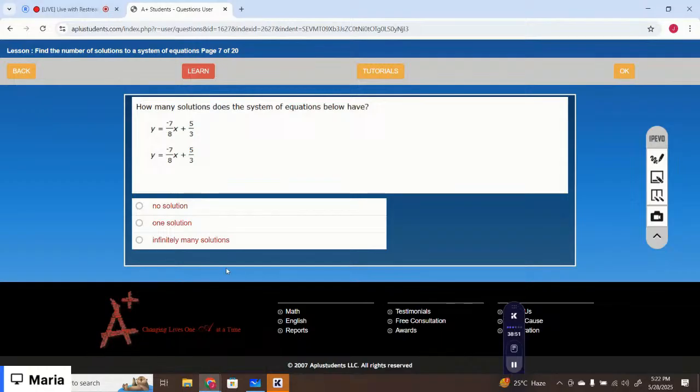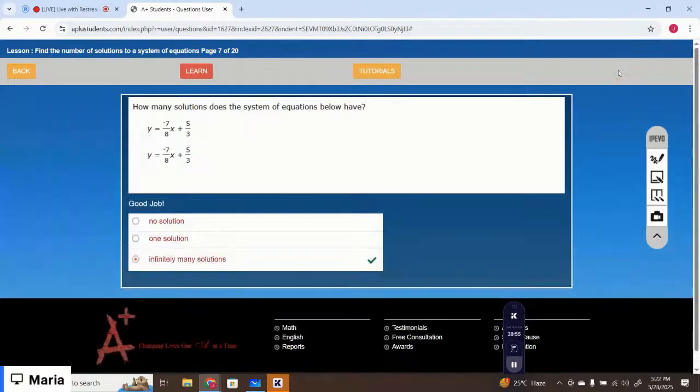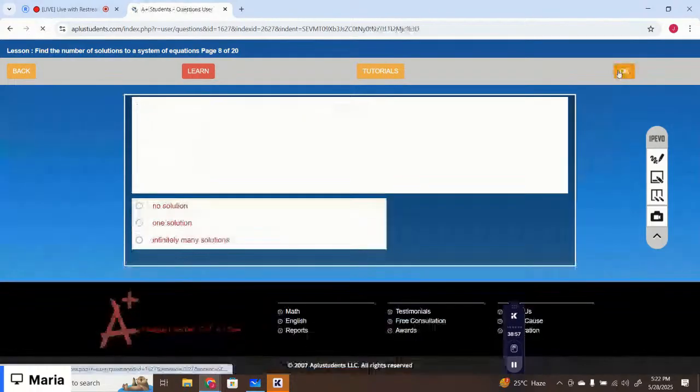We have infinitely many solutions. Option number three is the correct option.